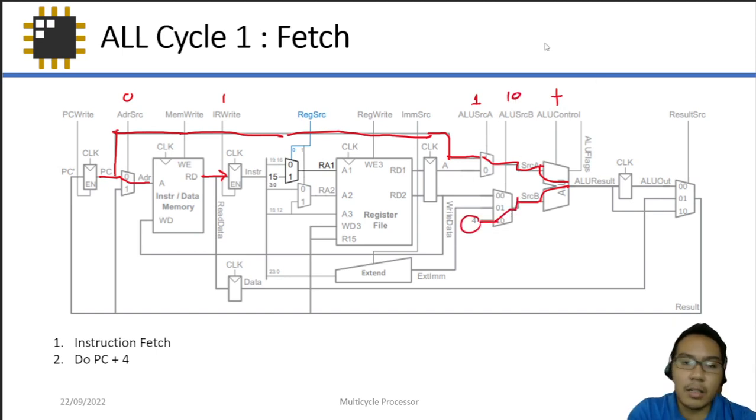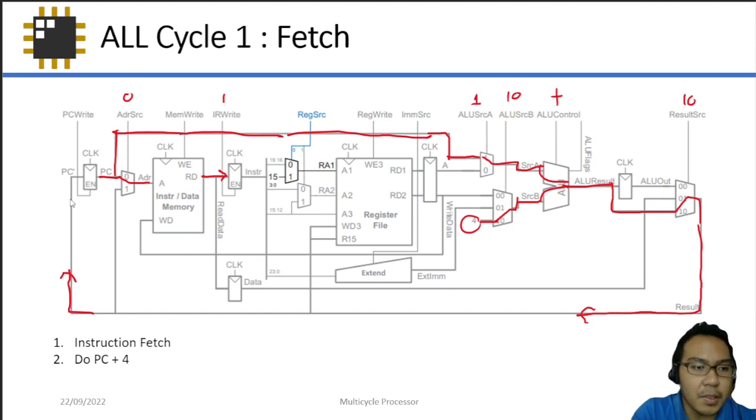So ALU source B is 10. Then we get an ALU result, and then we route that down here. So we choose 1, 0 over here. And then that goes all the way back to PC, which we tell it to write to itself. We say, okay, PC, write to yourself, PC plus 4.